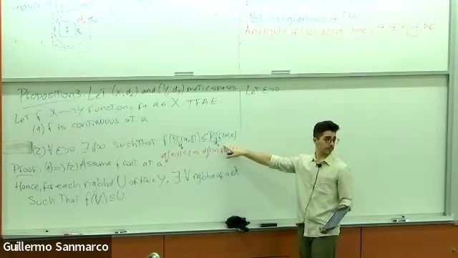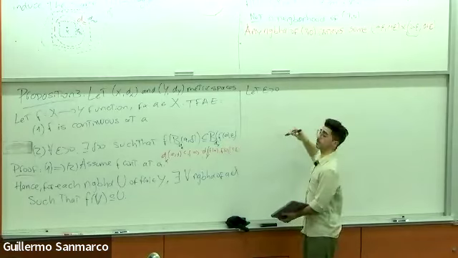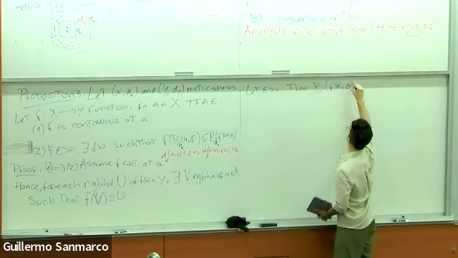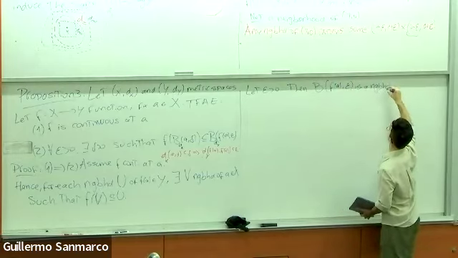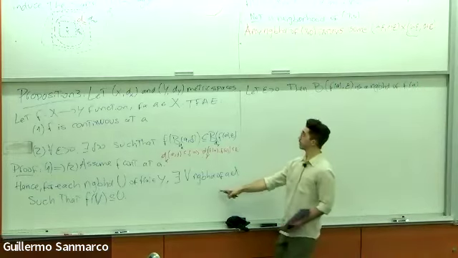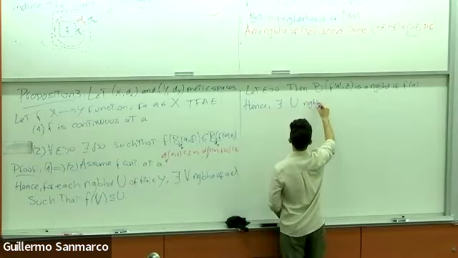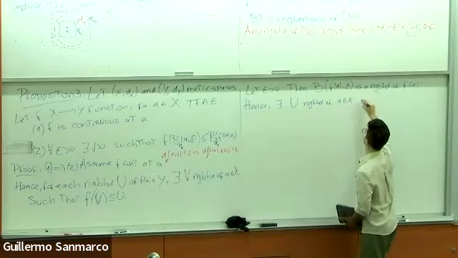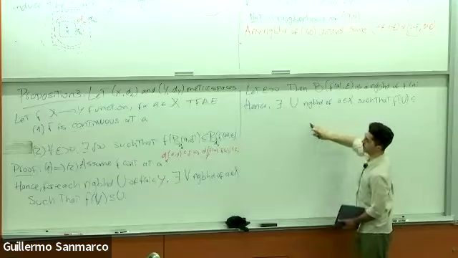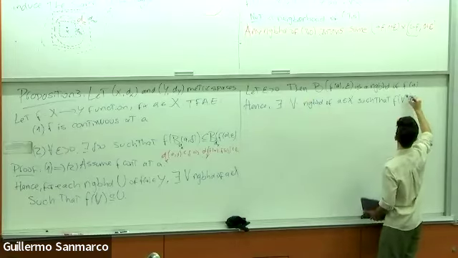Of course, this ball is just the neighborhood of f of A. This ball, f of A radius epsilon, is a neighborhood of f of A. Now, by continuity at A, there exists some neighborhood V of A in X such that f of V is a subset of this one.